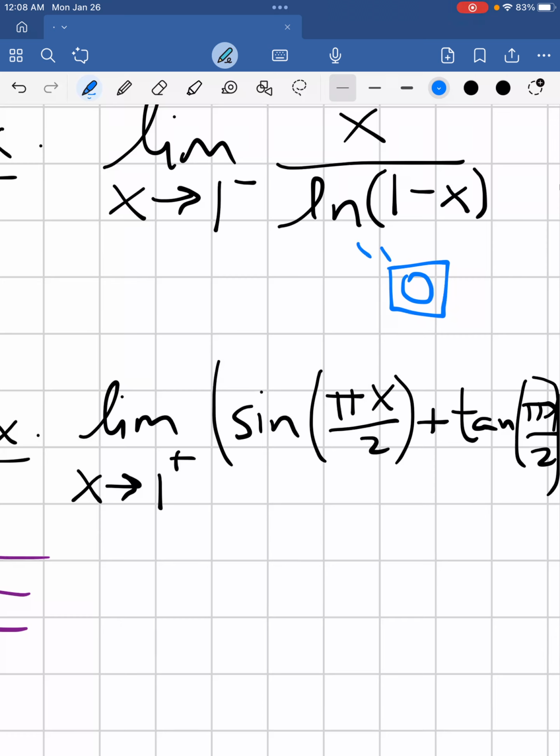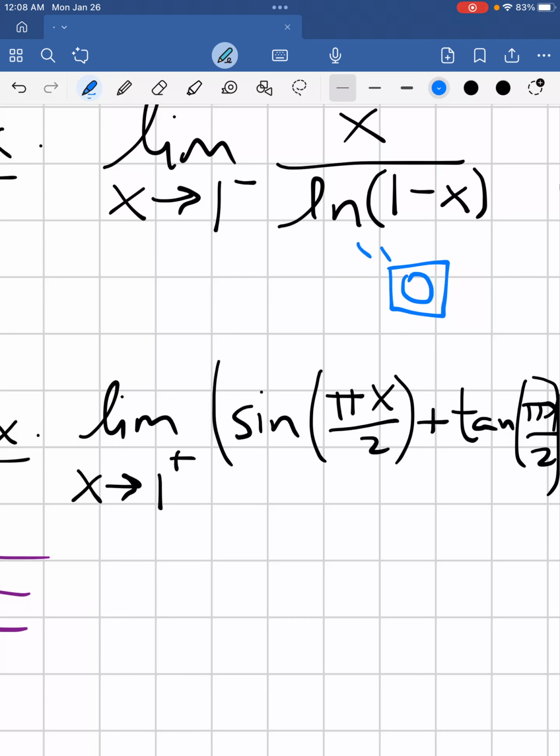So I know that this limit for the sine is going to be sine of pi over 2, which is 1. All right, but with tangent, the argument, the inside of tangent, is approaching pi over 2. And we just saw in the graph that when that happens, you have one side that's approaching negative infinity and one side that's approaching positive infinity.